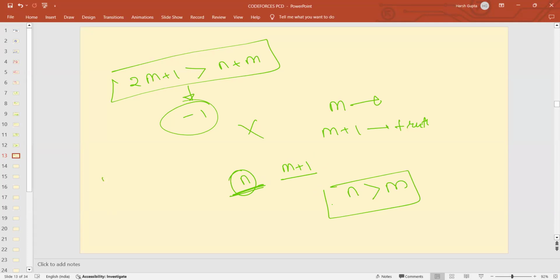So my code will be simple: if n is greater than m, then my answer will be 2m plus 1. Else my answer will always be minus 1. If n is less than or equal to m, then we should return minus 1, because to balance m people who tell lies, I need at least m plus 1 people who tell truth.